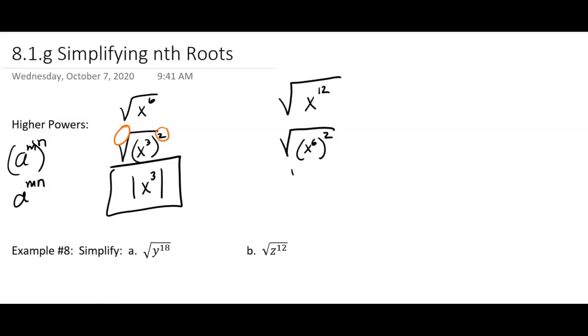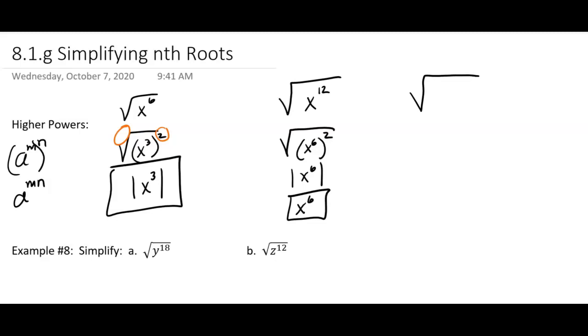And then you say, oh, it's the absolute value of x to the 6th. But here's the thing. X to the 6th, when we have an even exponent, is going to be positive no matter what, so we don't need the absolute values. So we would just write x to the 6th, and we wouldn't write the absolute values. Okay? All right.